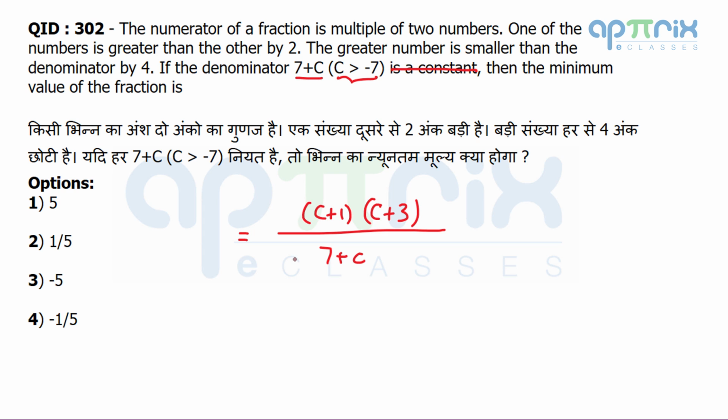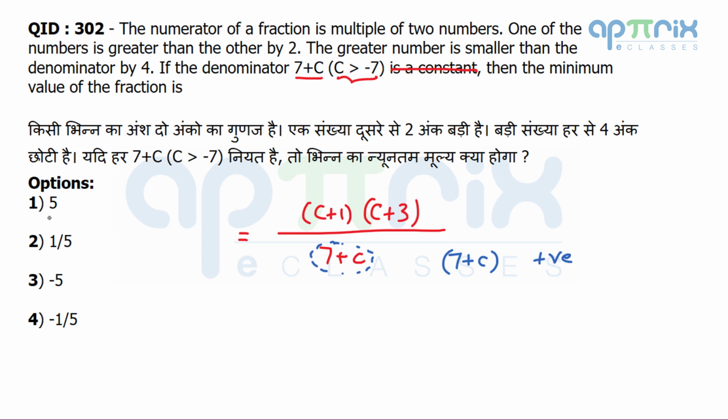Now let us do it very smartly without consuming too much time. One thing is certain, that c is more than minus 7, so I will just quickly analyze this thing, that if c is more than minus 7, then you can clearly see that 7 plus c is going to be positive. C is more than minus 7 means it will be either minus 6 point something or like that. So it is going to be always positive.